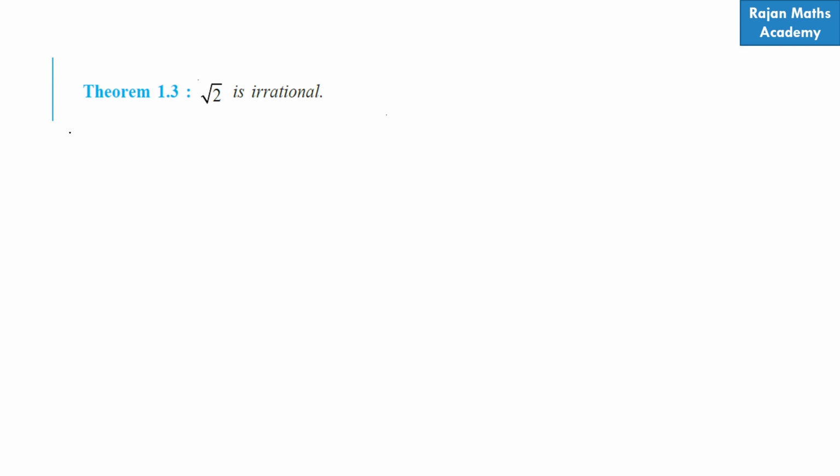Theorem 1.3, root 2 is irrational. Proof. Assume root 2 is a rational number.